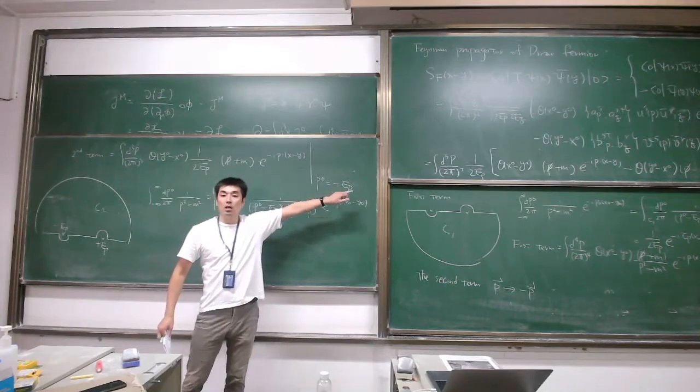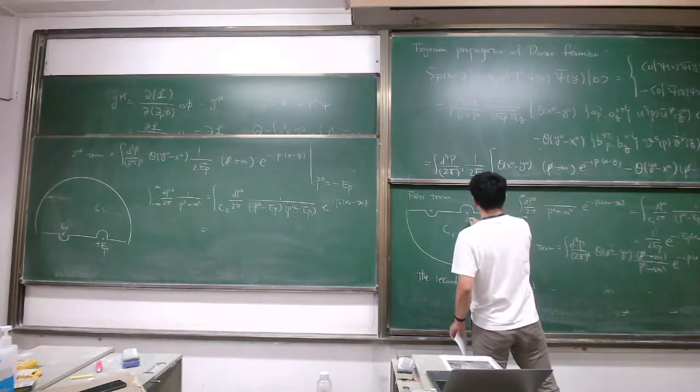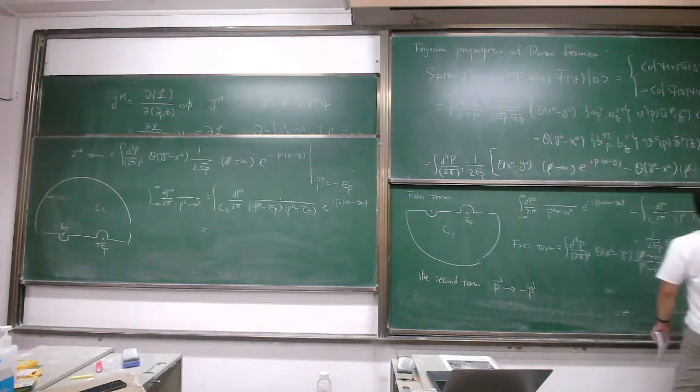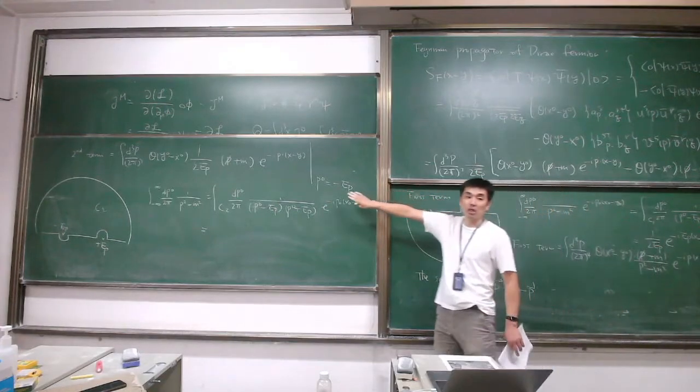On the other hand, here you have an E_p condition. This one is essentially where we need to put P0 equal to E_p at this moment. But after swapping, you just change the sign here.